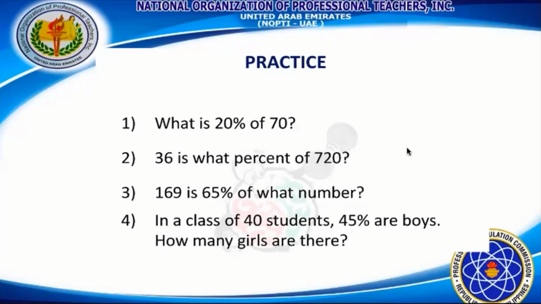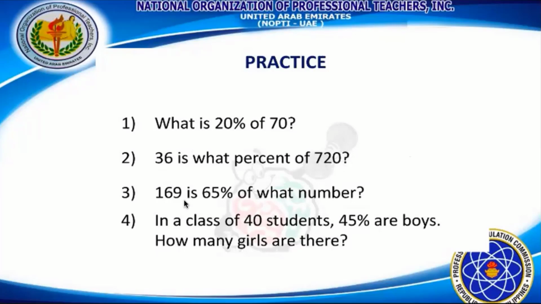Did you get how 5 was obtained? 36 divided by 720. Right? But since we're looking for the rate, multiply it by 100. So 5 is the answer, because 36 divided by 720 is 0.05, times 100.